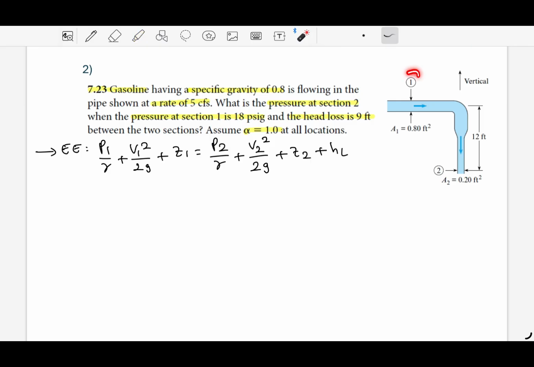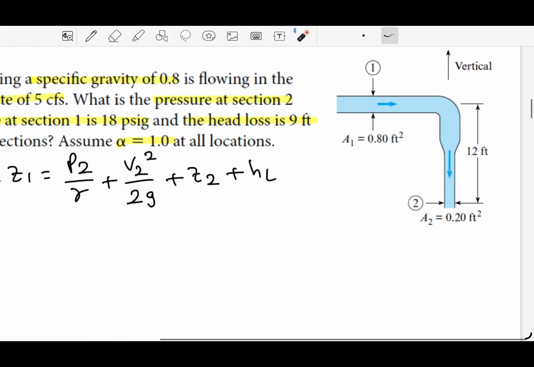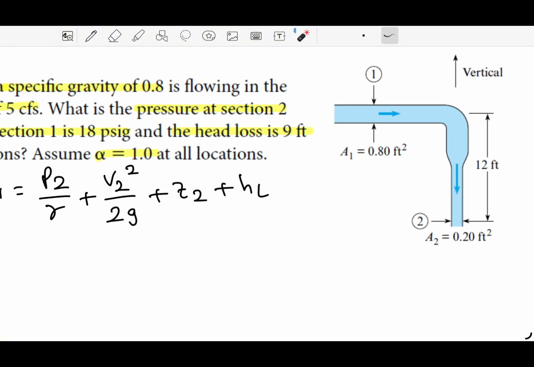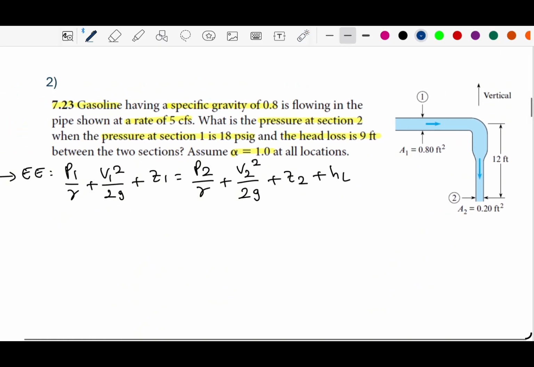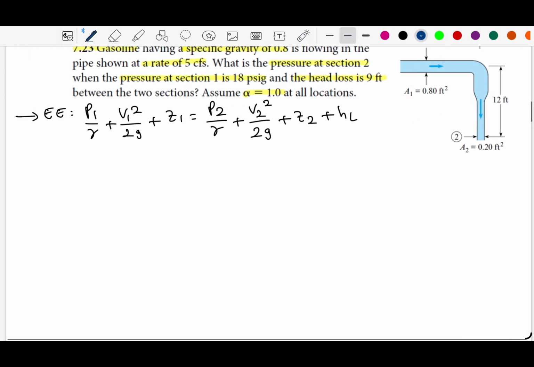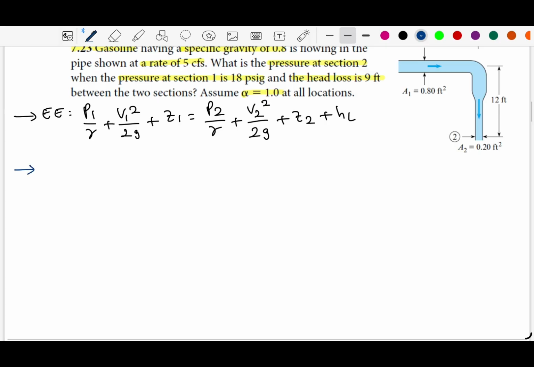So here the points are already given as 1 and 2. And here you should be careful about their locations. They are actually inside of the pipe, even if 2 looks very close to the outlet. It is sitting inside of the pipe, so we will have pressure at both of these locations. So let's get started. First of all, we can start the solution with finding velocities.